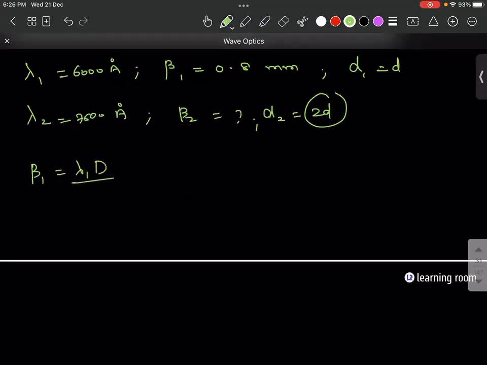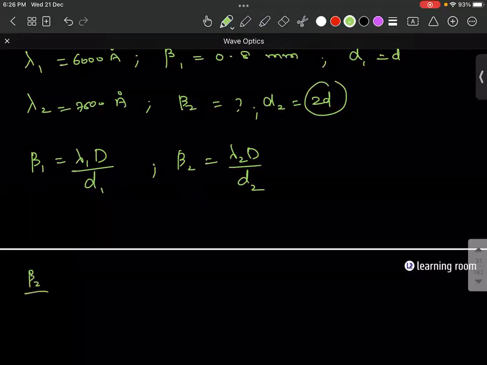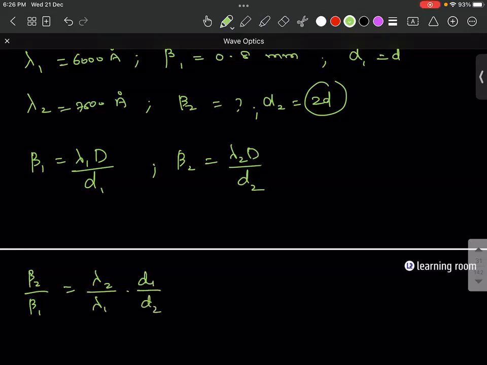So beta 1 is equal to lambda 1 into D divided by d1, and beta 2 is equal to lambda 2 into D divided by d2. So beta 2 divided by beta 1 is equal to lambda 2 by lambda 1 into d1 by d2. So lambda 2 is 7500 divided by lambda 1 which is 6000, into d1 which is d, and here it is 2d.